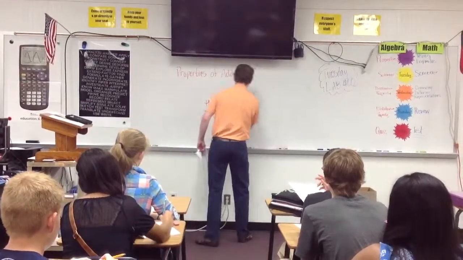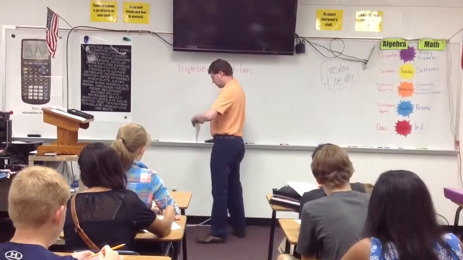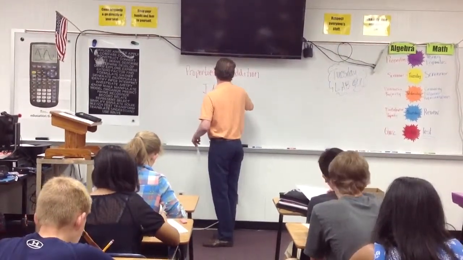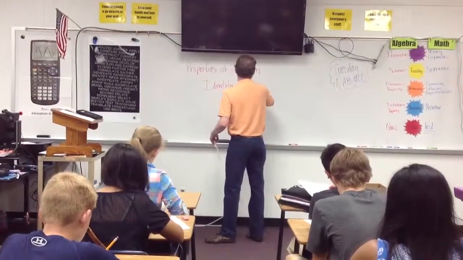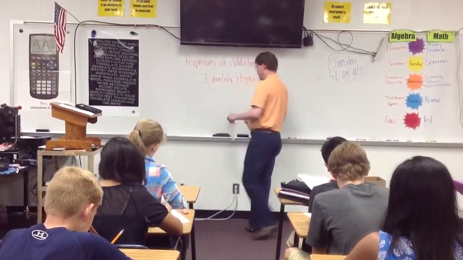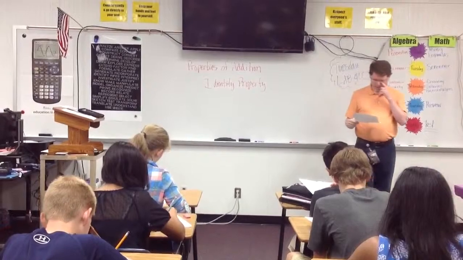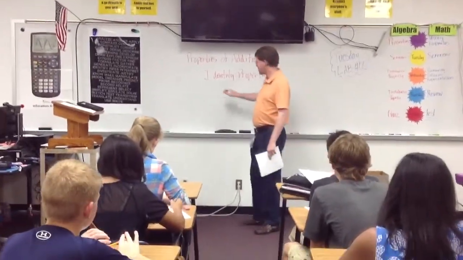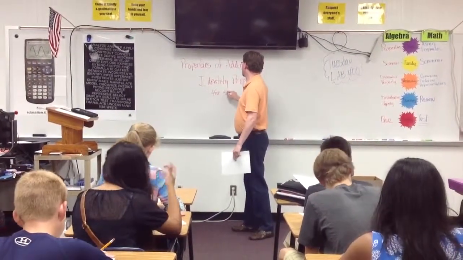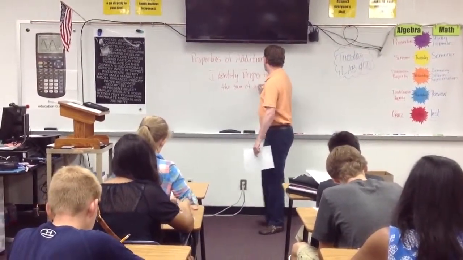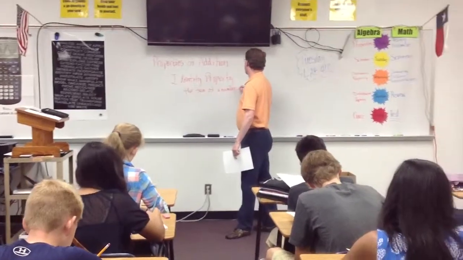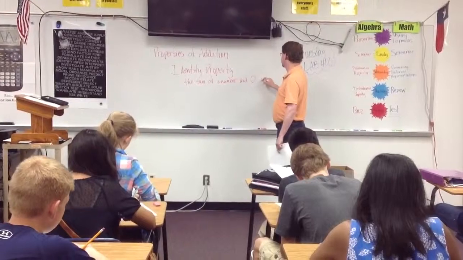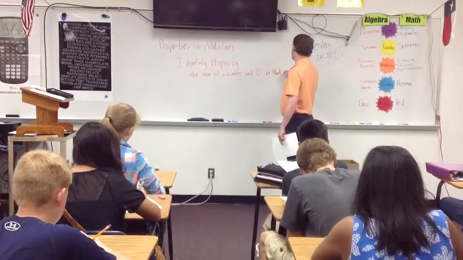Next one is the identity property. This one is going to blow your mind. The identity property: the sum of a number and 0 is that number.